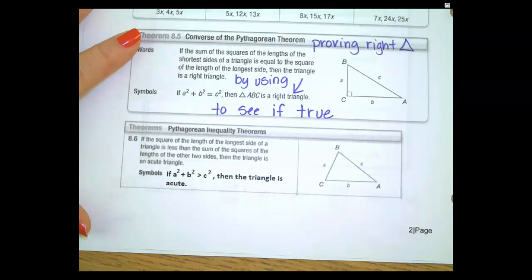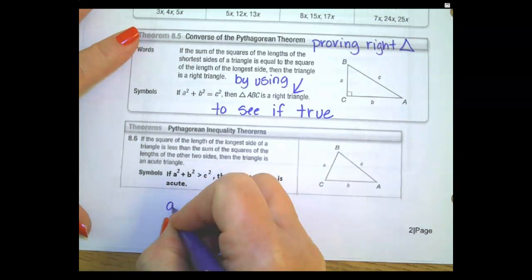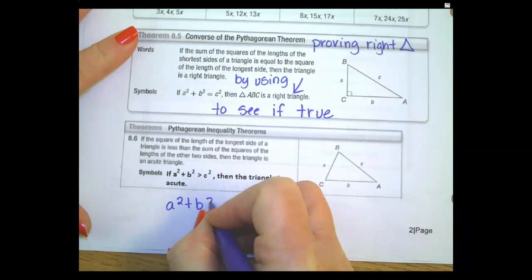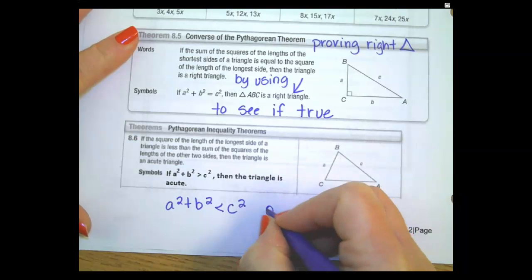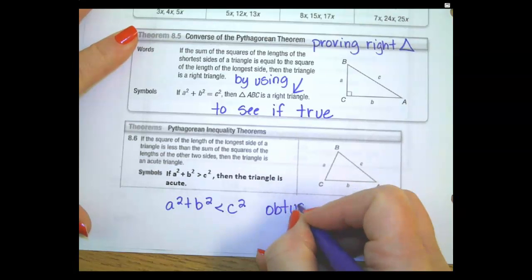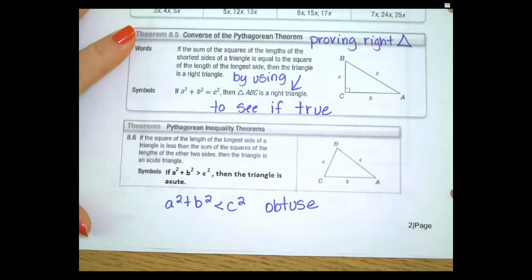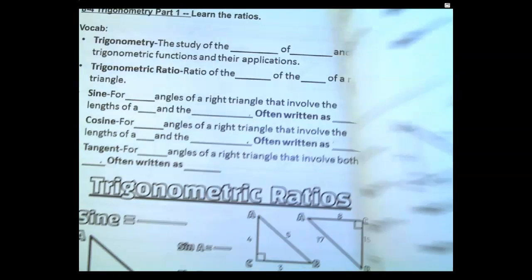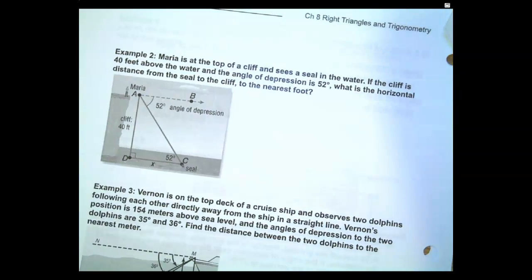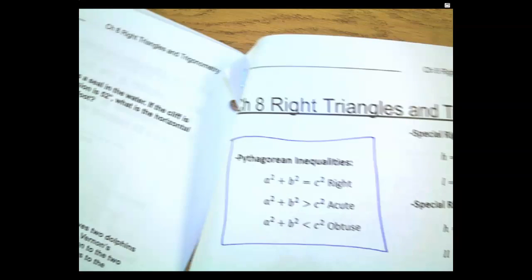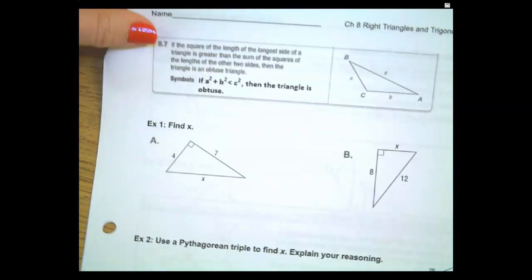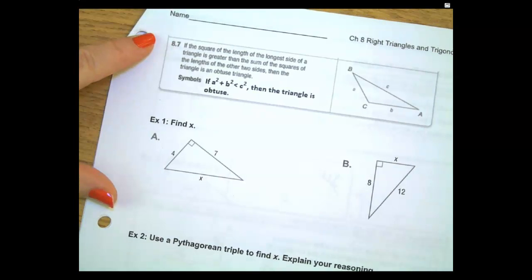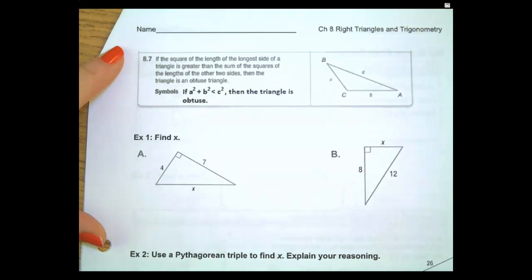The opposite of that, a squared plus b squared is less than c squared, then you are obtuse. I think that's on the front page. That's what I was talking about. Where is that? Yeah, it's right there on the front. Okay, all right, so let's go here. Oh, it's right up here. Excuse me. There it is.